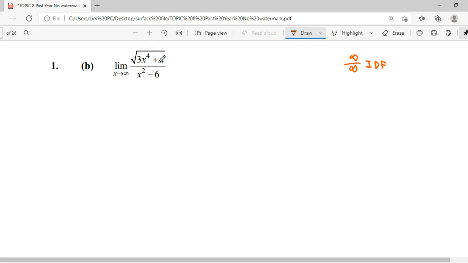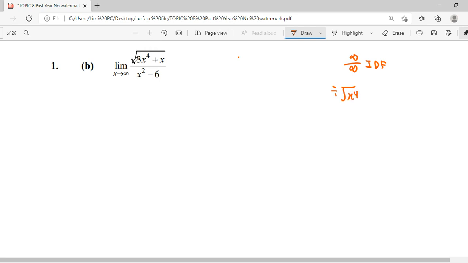When we have IDF form, how do we simplify this? We will divide by the highest power. When we have a surd function, we go for the priority under the surd function. Under the surd function here, the highest power is power 4. So in order to simplify this IDF, we will divide by surd x power 4.